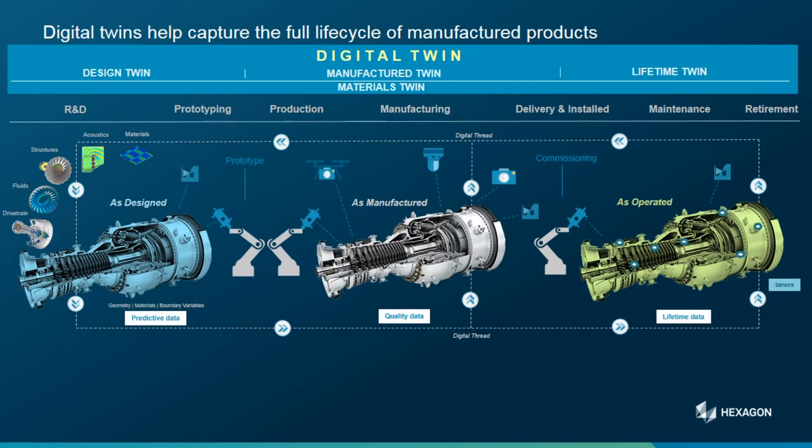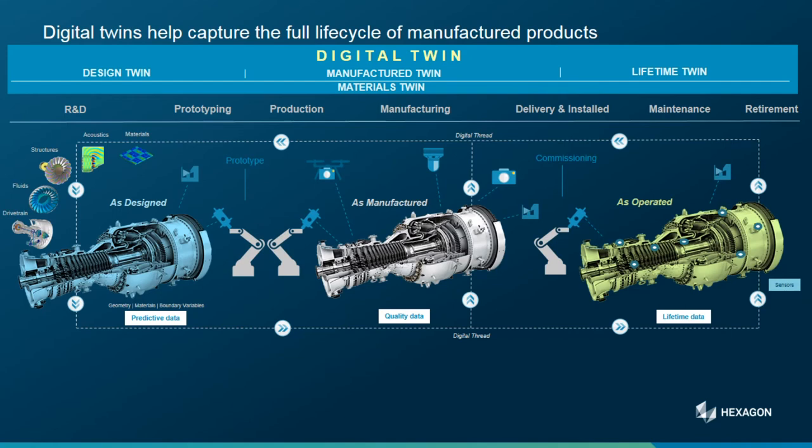So how can we achieve this full product life cycle view? Well, our perspective is that digital twins help capture this full life cycle of manufactured goods. Actually, from the very early stage at R&D level to prototyping, we can have a design twin. Once we start going to production and manufacturing, it's going to be the manufactured twin.